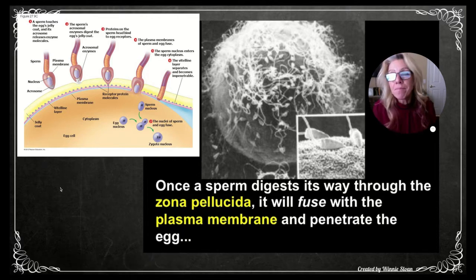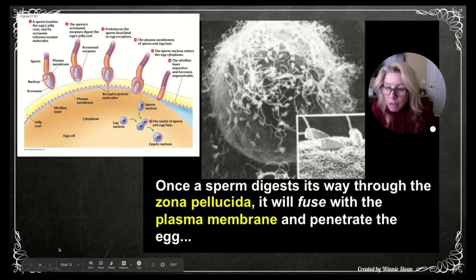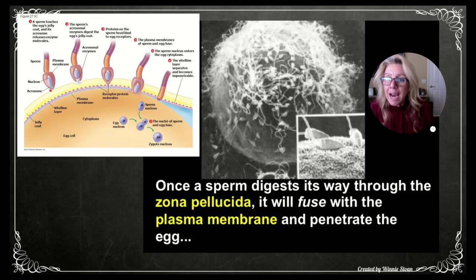But what you can see in this top left-hand corner, let me get a pointer. Okay, so here you can see the sperm. Here's the acrosome. What the acrosome does is it starts to digest this jelly coat, and then the cell membrane of the sperm needs to make contact with the cell membrane of the egg, and then it can put the sperm nucleus into the egg, and these two haploids will then become a diploid zygote.